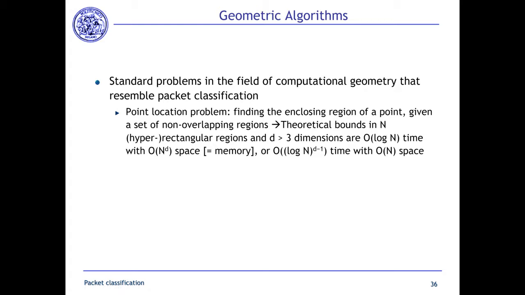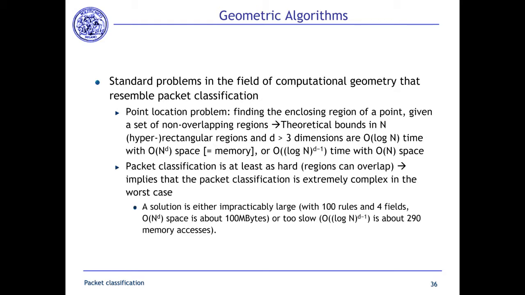So this is the trade-off. But this is the original geometric problem of point location. Here we are in even worse conditions because regions can overlap. So the complexity of the packet classification problem is even larger than this.